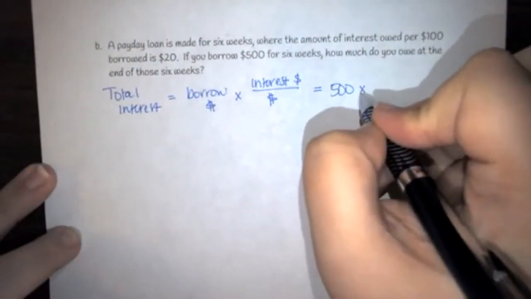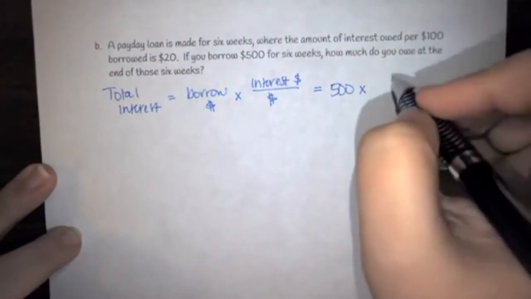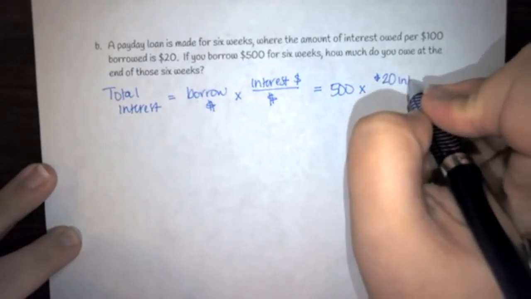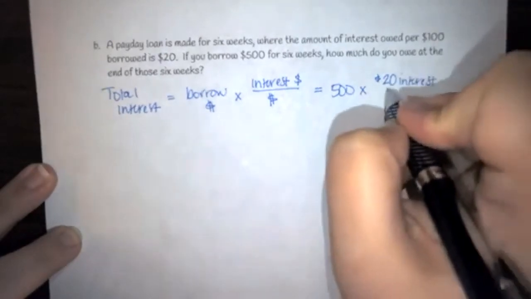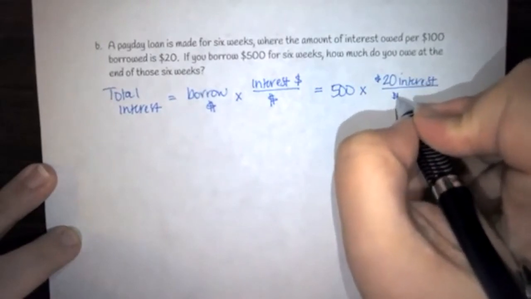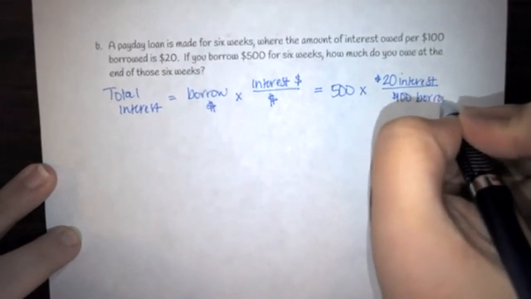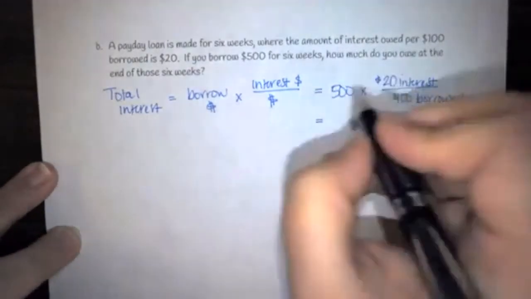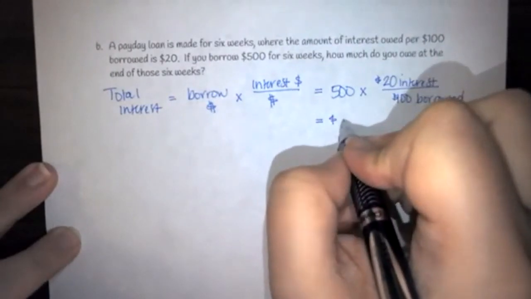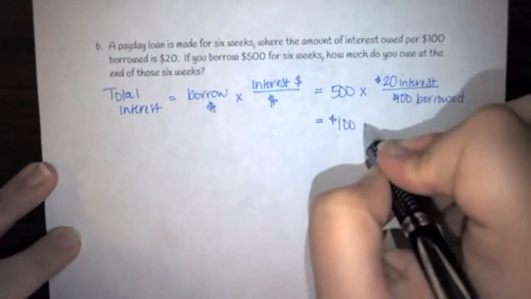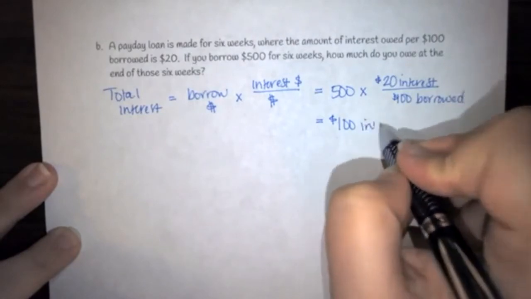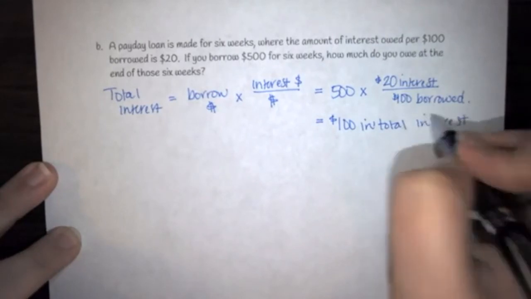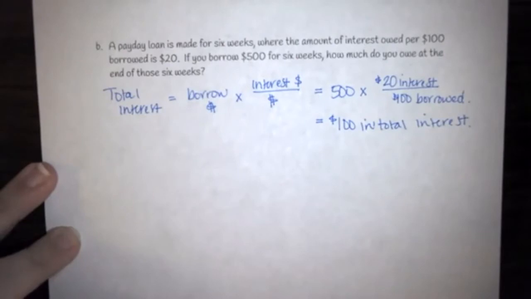I'm going to multiply this by the interest owed, which is $20 interest per $100 borrowed. So when I multiply this out, this means that I have been charged a total of $100 in total interest over the course of my 6 weeks of borrowing.